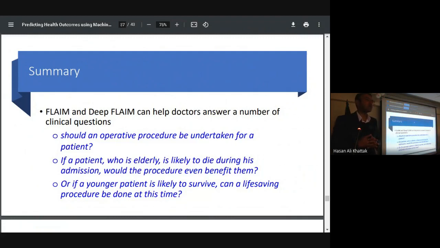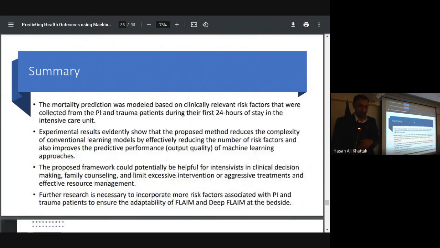Unlike conventional machine learning and deep learning algorithms, where we get the input and output, and everything in between is a black box.